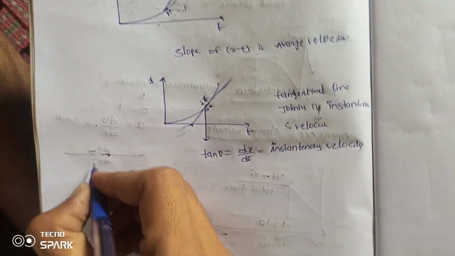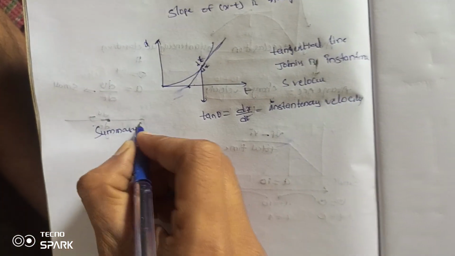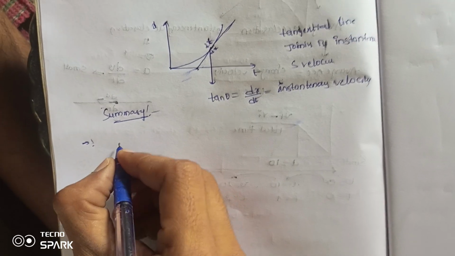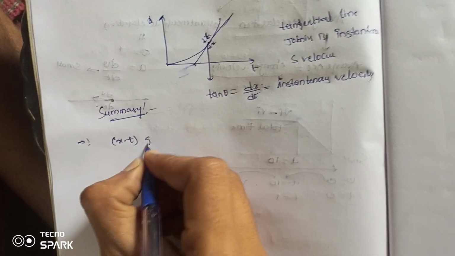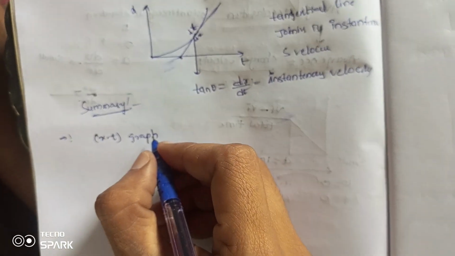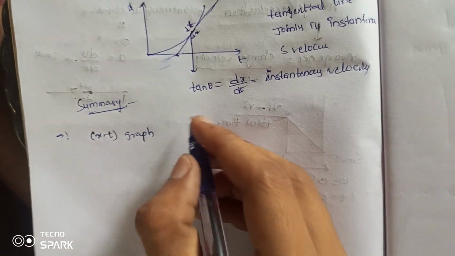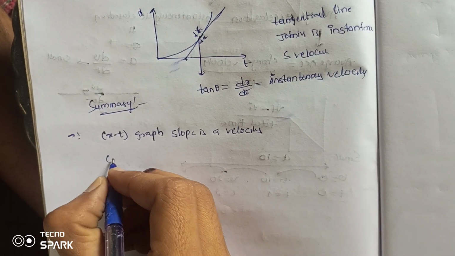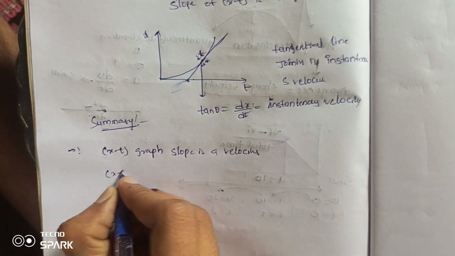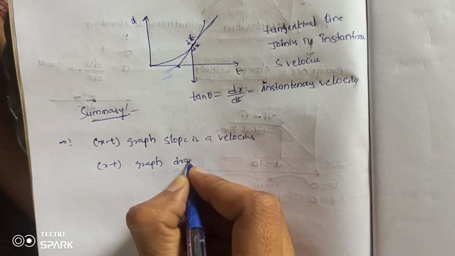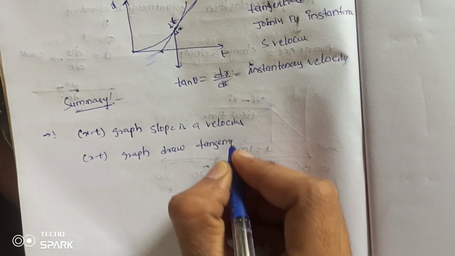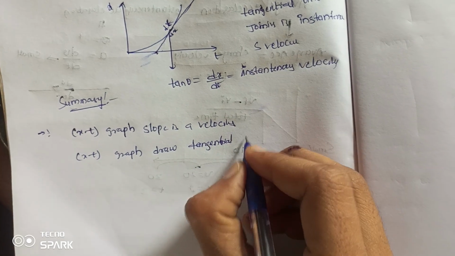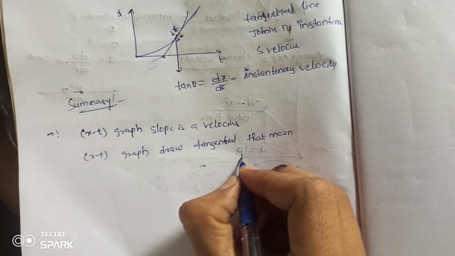And some summary. First point: the slope of the xt graph is velocity, and drawing a tangent on the xt graph means instantaneous velocity.